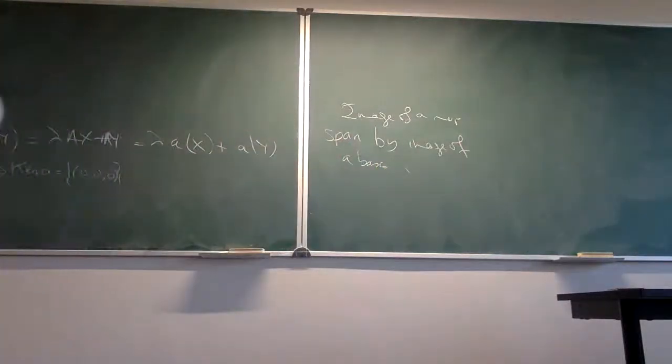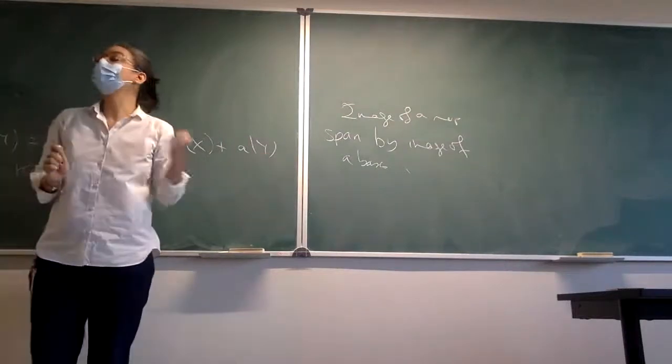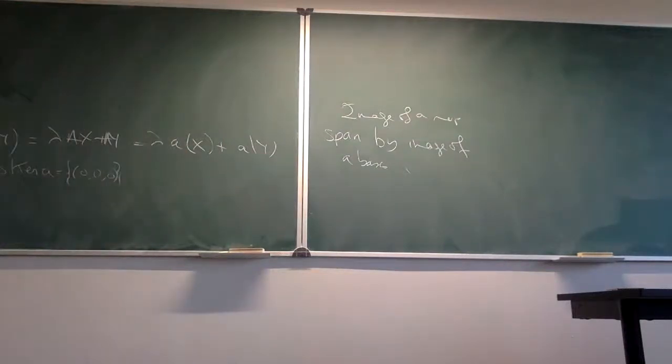Okay, I thought that this was the reasoning you were doing. So when you want to do this kind of thing, what is the easiest basis we get? The standard basis of R3.